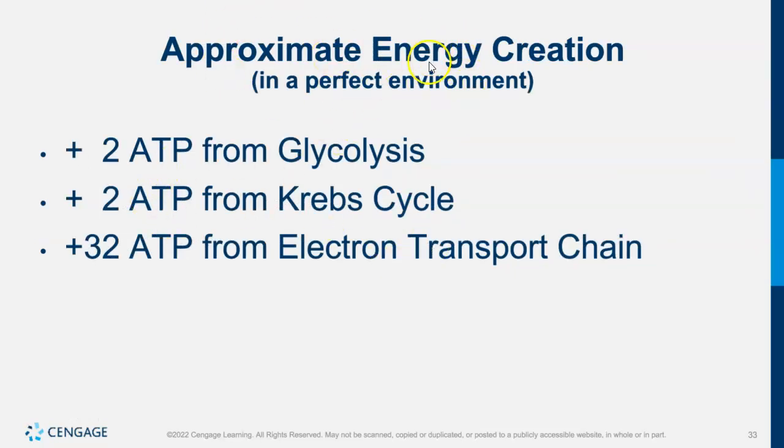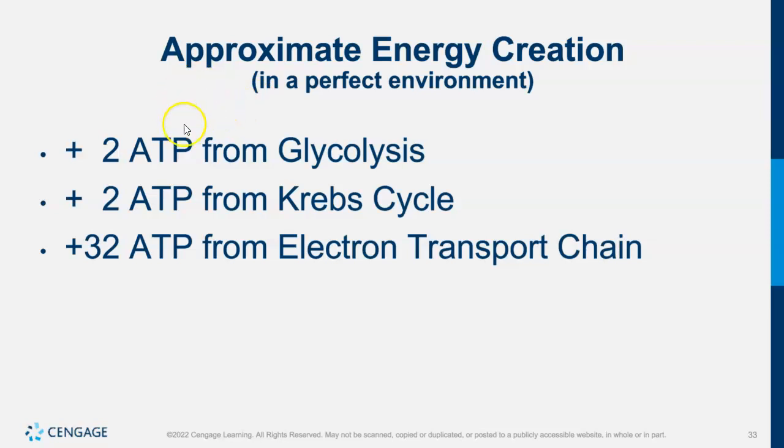The approximate energy creation, and we say approximate because it depends on a whole lot of things. Every body is different, depends on what you may have eaten, depends on what kind of state you're in, whether it's a fed versus fasting state.